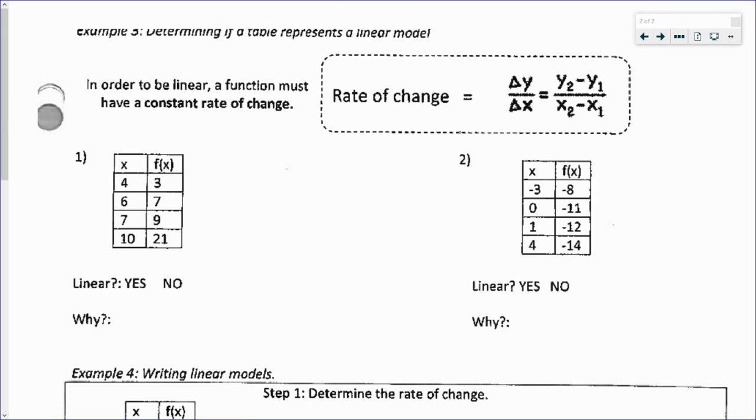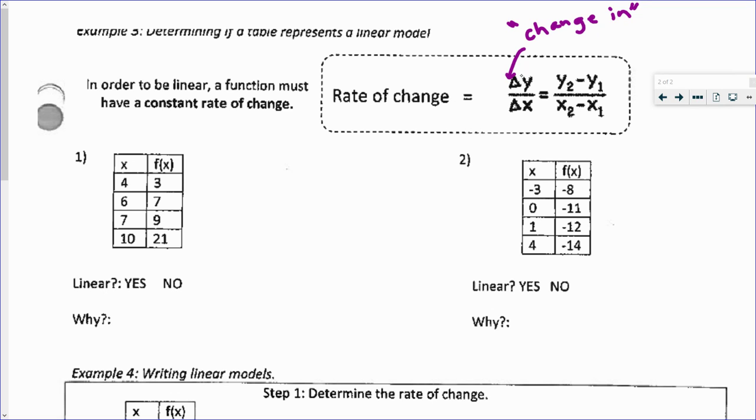Okay, so this was what I was talking about. In order to be linear, a function must have a constant rate of change. To calculate the rate of change, we use this little symbol, the triangle symbol. That just represents change in. We know mathematicians are lazy, so they like to come up with symbols and abbreviations for everything.